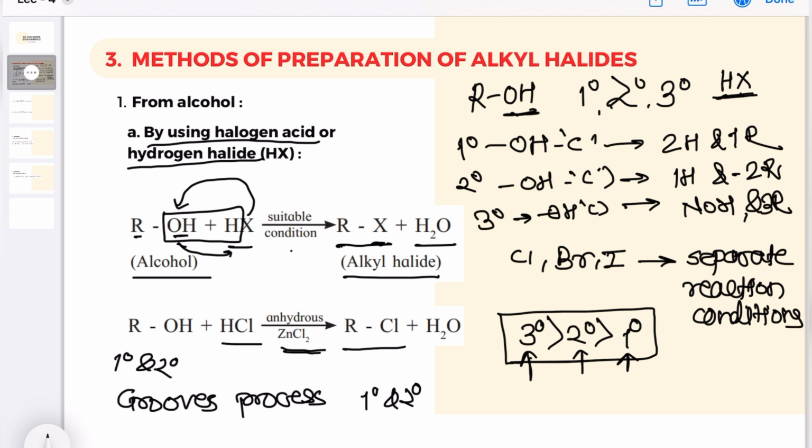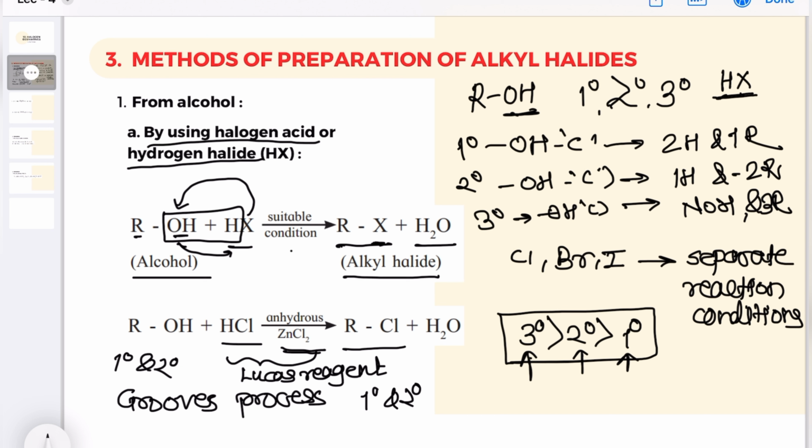This mixture of concentrated HCl and anhydrous zinc chloride is known as Lucas reagent. It gives rise to alkyl chloride with a water molecule.